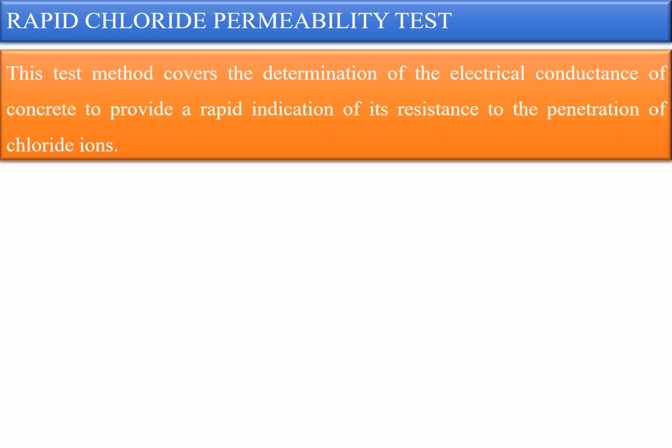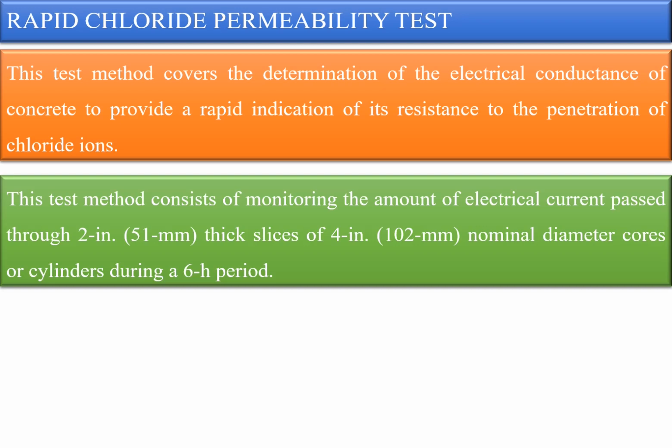Rapid chloride penetration test, or rapid chloride permeability test. This test method covers the determination of the electrical conductance of concrete to provide a rapid indication of its resistance to the penetration of the chloride ions. This test method consists of monitoring the amount of electrical current passed through 51 millimeter thick slices of 102 millimeters nominal diameter cores or cylinders during a period of 6 hours.